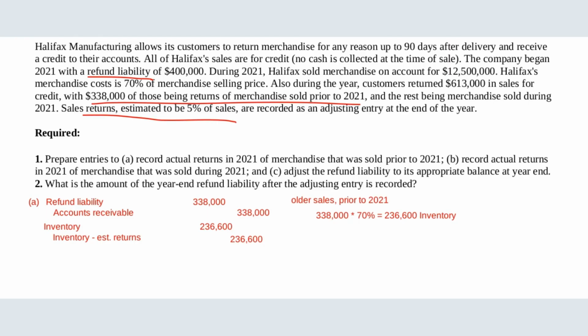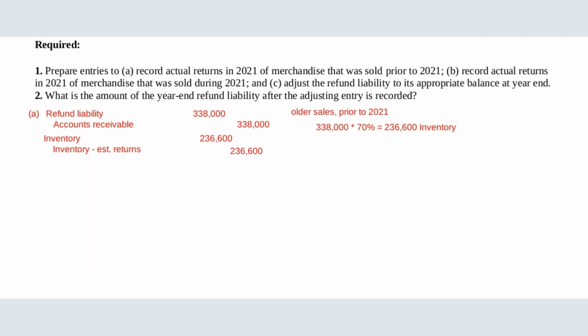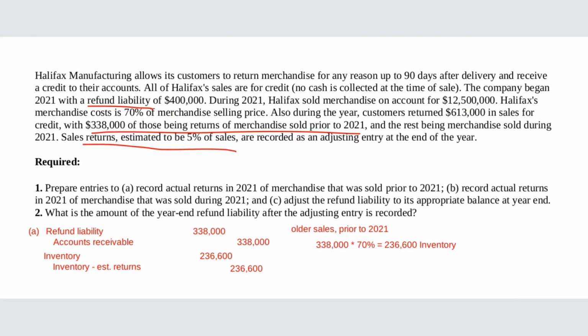So now we move along to the current year returns, and I actually need to know that amount. So 613 were the total returns. 613 total returns, but 338 were for older sales, right? Prior to 2021.